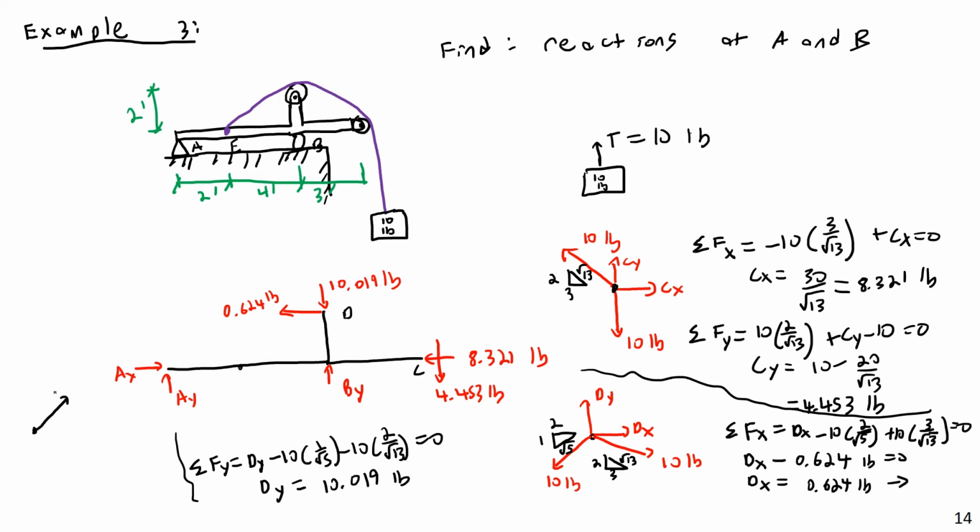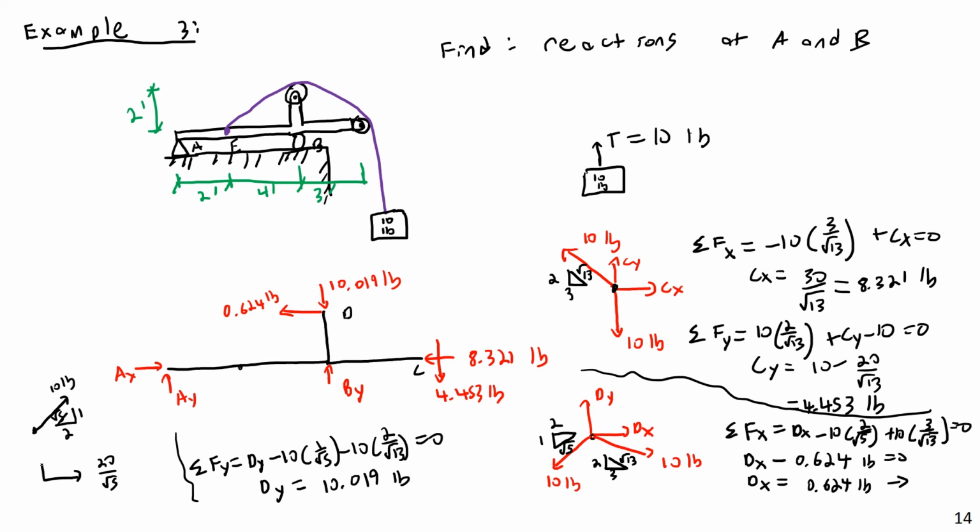I have this 10-pound force, and its dimensions basically are 4 root 2. So the same kind of thing as before. It's basically a 2 to 1, and that's root 5. So that means in the x direction I have, let's say, 20 over root 5.